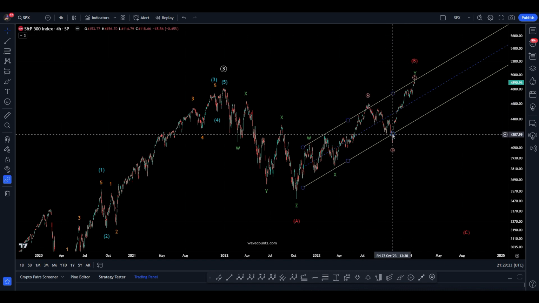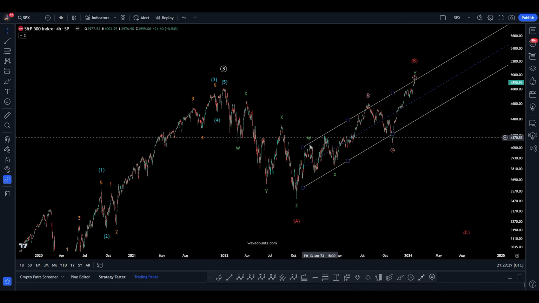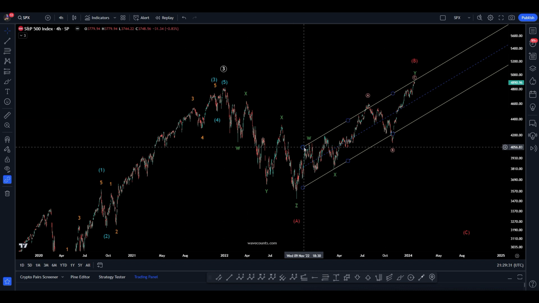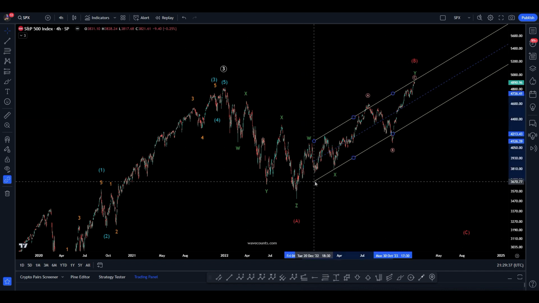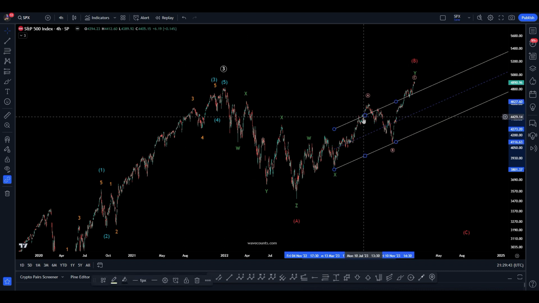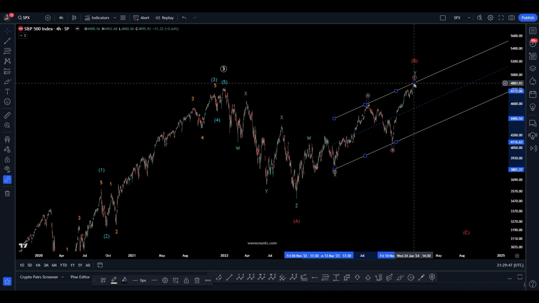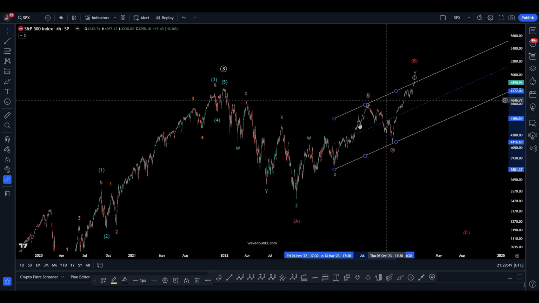Little throw under here, right back into the channel. In theory as well, since this is 2 zigzags connected together, each zigzag alone should also be contained by parallel lines. Let's check it out. This one started here. There's the B wave. Let's drag it up to, oh my goodness, fully contained within parallel lines.